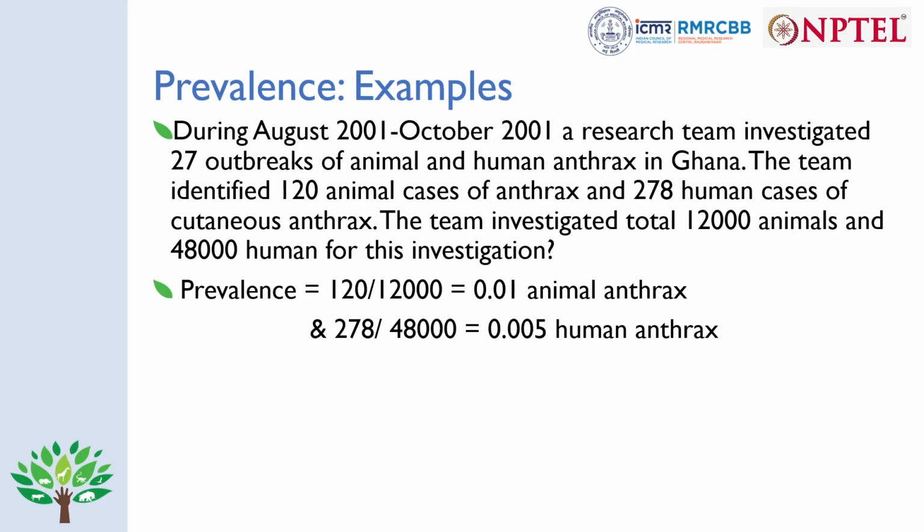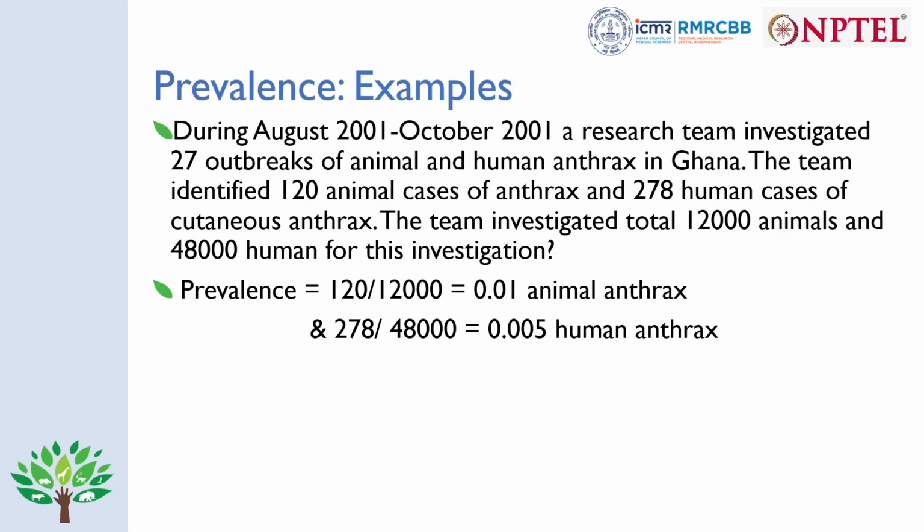So next is an example of this point prevalence. Suppose from August 2001 to October 2001, a research team investigated 27 outbreaks of animal and human anthrax in Ghana, and the team identified 120 animal cases of anthrax and 278 human cases of cutaneous anthrax.